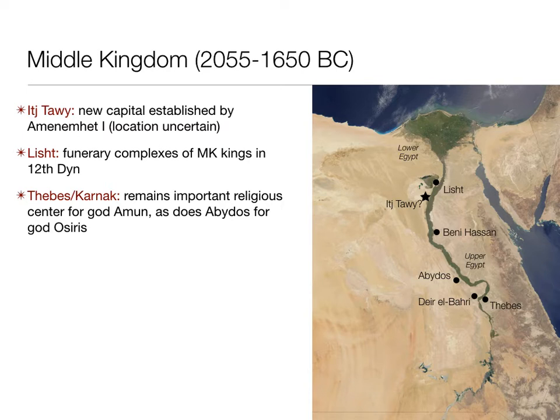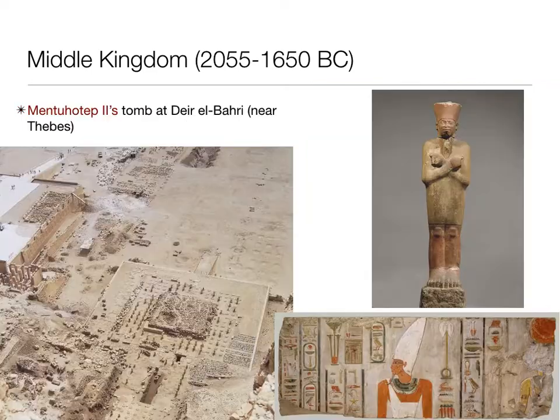So we see new monuments go up to Osiris in Abydos. Some old sites take on new importance, new sites emerge, so a reconfiguration of the political landscape.